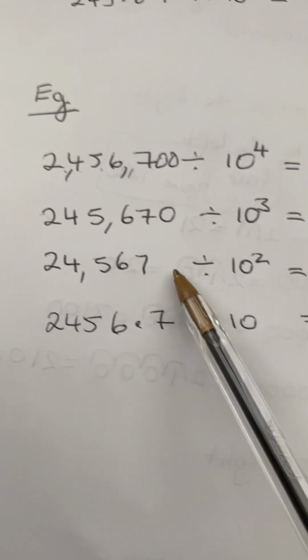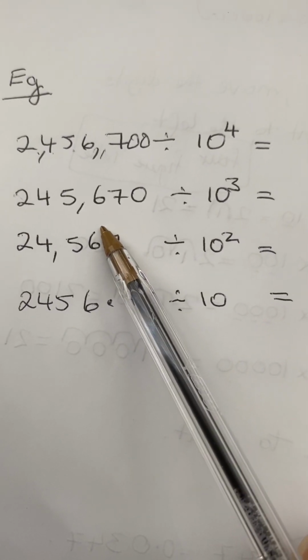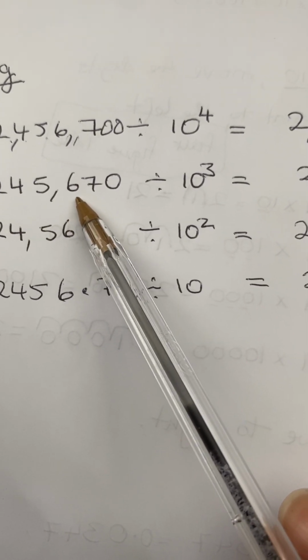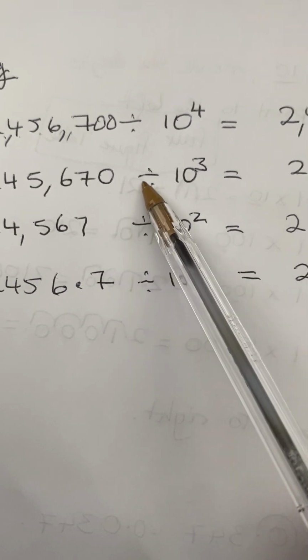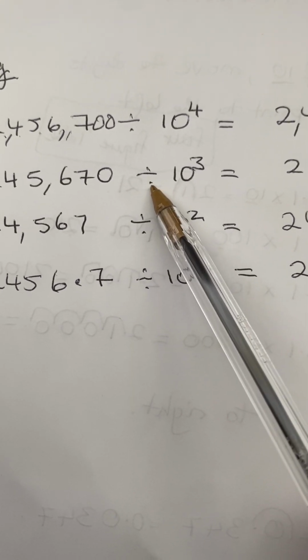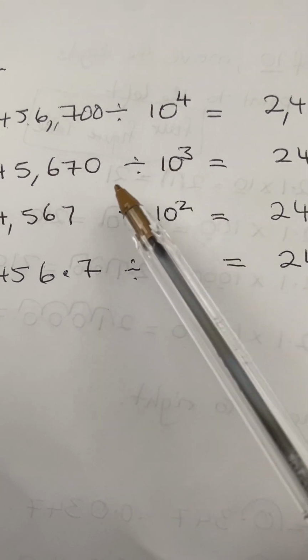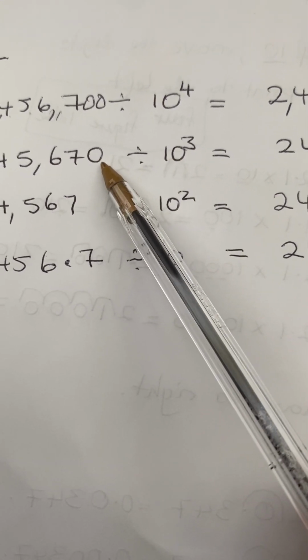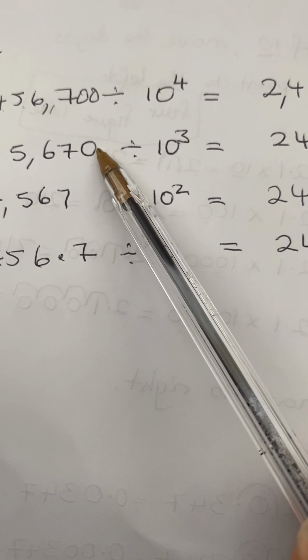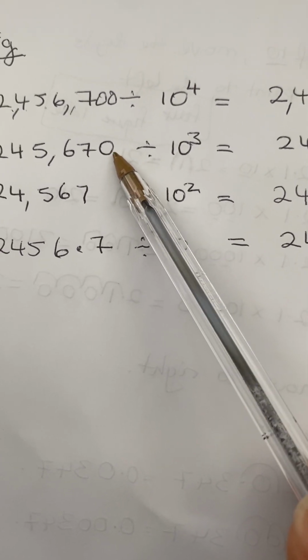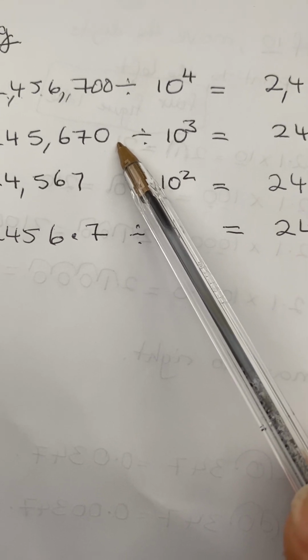So when we look at this one as well, we have 245.670 divided by, remember division, by 10 to the power 3. So we are going to move the decimal here. The decimal for the whole number is at the end of the number.